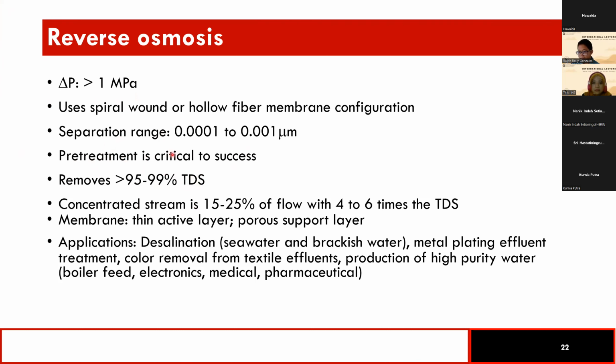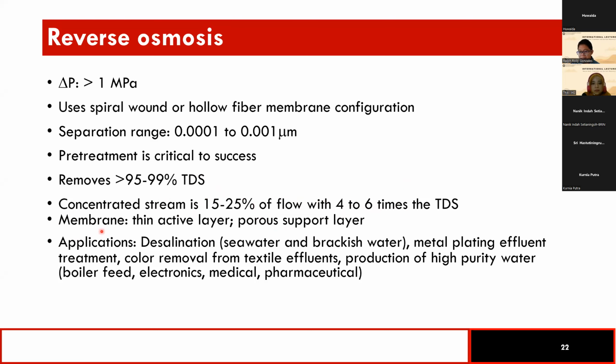Then, using reverse osmosis, we can concentrate the solution. We can remove water, and the concentrated solution will have 4 to 6 times the concentration of dissolved solids of the initial one.